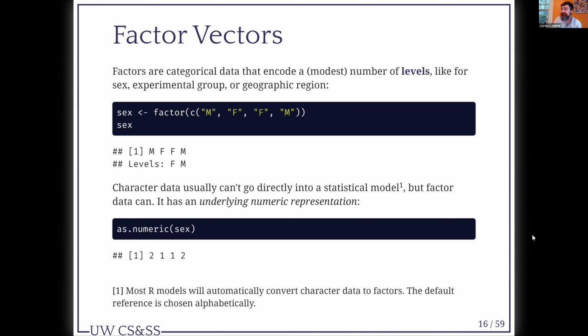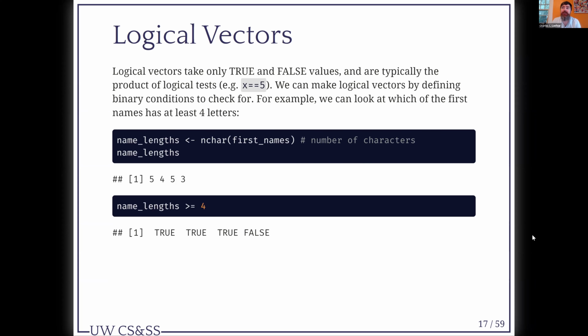Okay, so logical vectors. Logical vectors take only true and false values, and they're usually the product of some logical test. So we usually generate one not by writing a whole bunch of trues and falses, but by doing some test that produces trues and falses. For instance, I take those first names I looked at before: Andre, Beth, Carly, and Dan. I could get the number of characters in them.